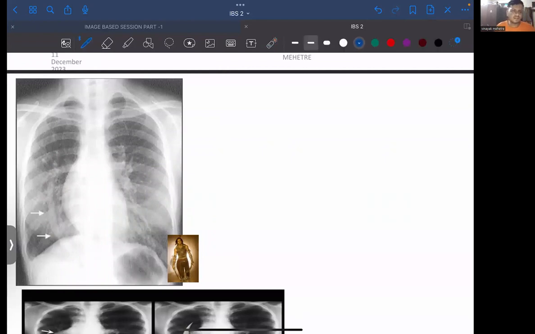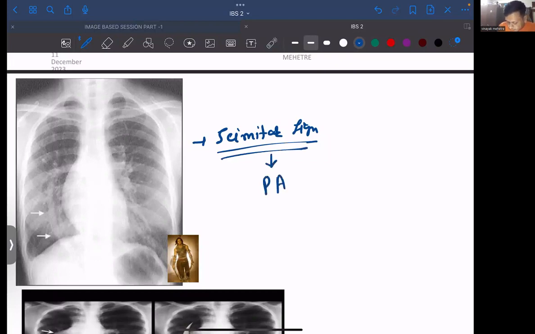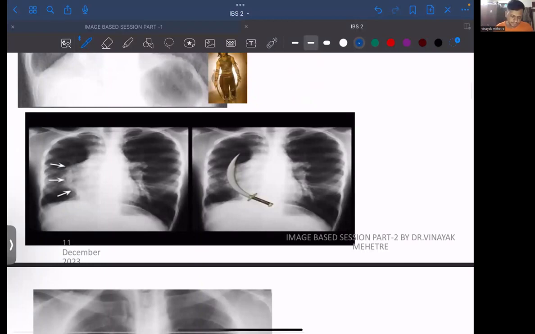You can remember it like talwar sign. It is seen in partial anomalous pulmonary venous connection. In total, what do we see? Snowman. In partial, what do we see? Scimitar, and you can remember it like talwar sign.